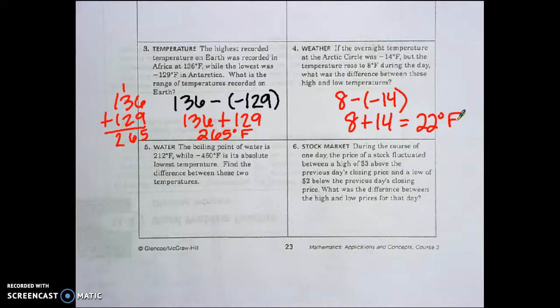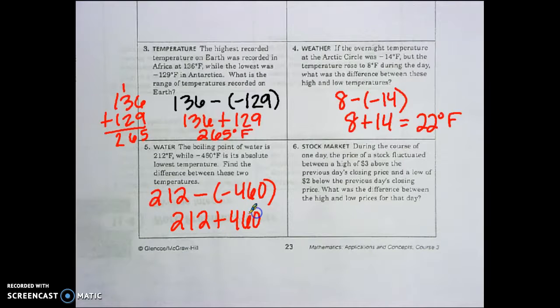Find the difference between these two temperatures. 212 minus negative 460. We have to add the opposite. 0 plus 2 is 2. 6 plus 1 is 7. 4 plus 2 is 6. That is 672 degrees Fahrenheit.